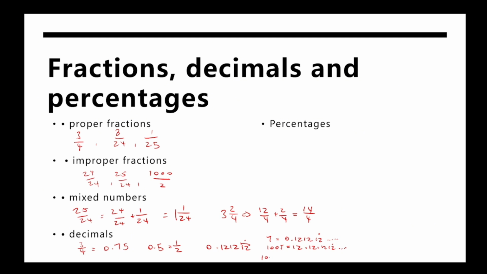Then we'll do 100t minus t equals 99t. And this cancels out the recurring 0.121212, leaving out 12. So t would be 12 over 99.